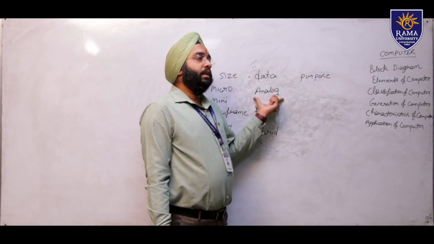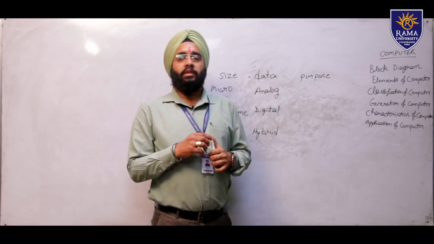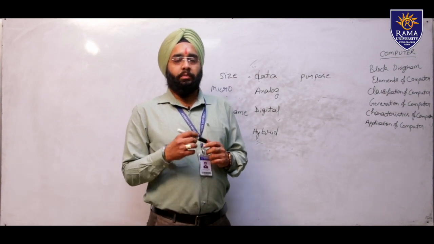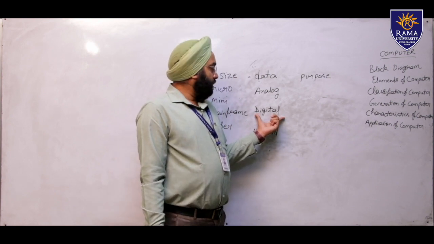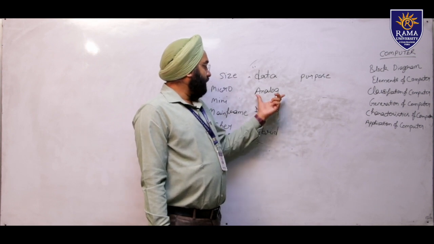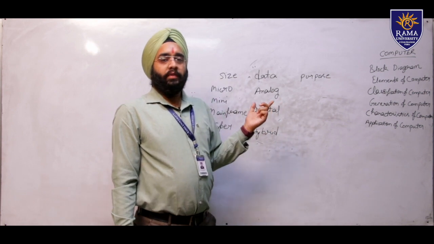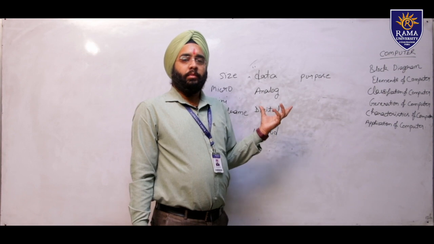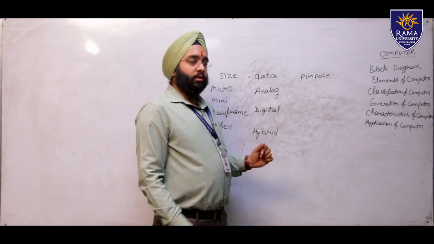You can see this in hospitals where computers are connected with patients to get readings of their pulse as well as heartbeat. In a digital computer we can see the output in the form of digits, and hybrid is the combination of analog and digital computers. That also appears in hospitals where we can see the temperature as well as the pulse and other things on the same computer system. That is the example of a hybrid computer.